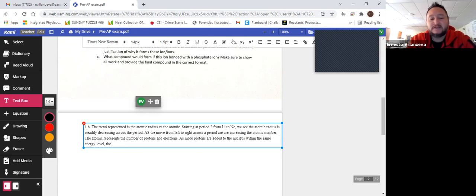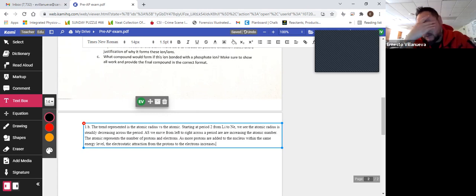But you can say that the electrostatic attraction from the protons to the electrons increases.